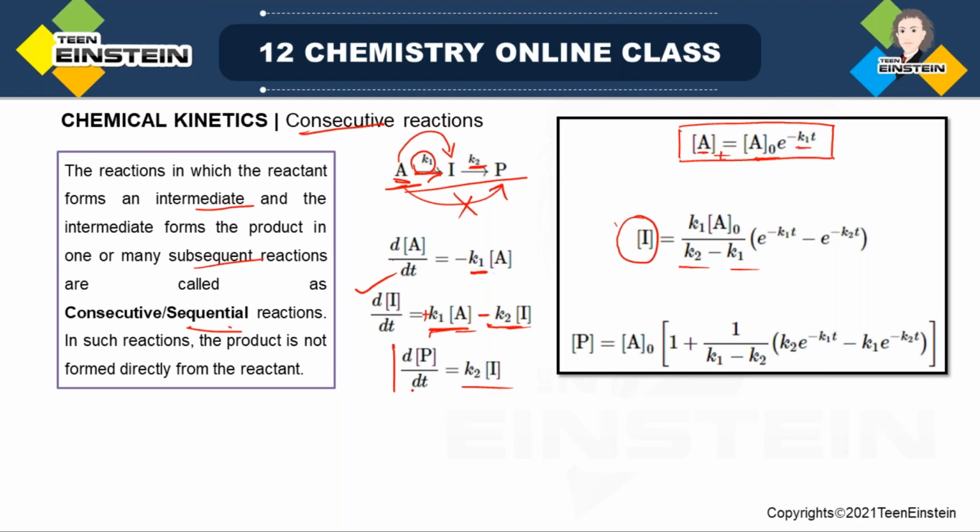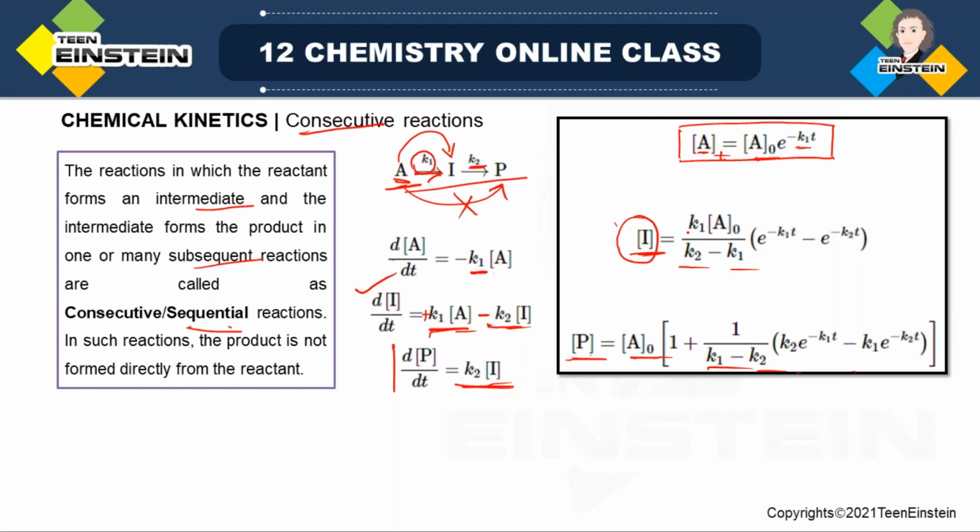And when it is the concentration of P at any time T, then it is related to this equation in this way. Now P is basically related to K2 and I. But in the final expression after integration, we can see here we have A0, K1, K2, all these terms. Now why is it so? Because I is related to K2, K1, A0, and as P is related to I, all these terms will be present.